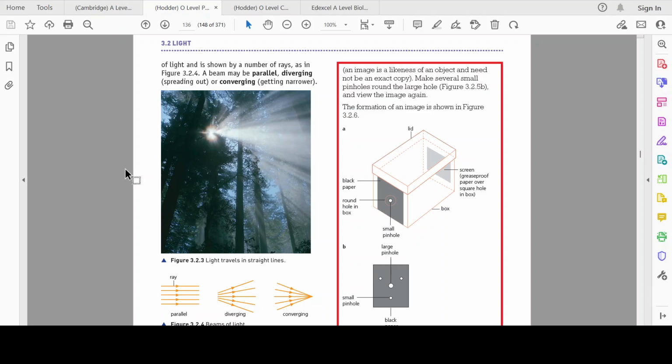You can even see this if you have a strong torch and switch it on in a dark room, a dark hallway or even outside. If it's strong enough, you can see that beam of light traveling and illuminating the area. Does this help?